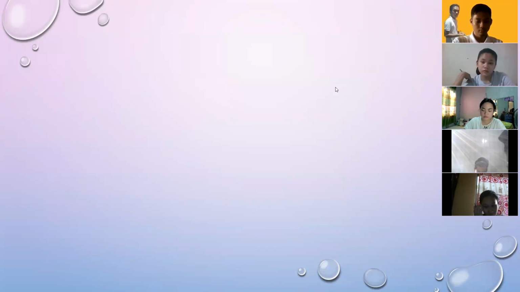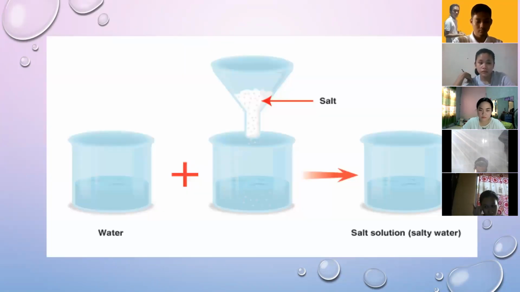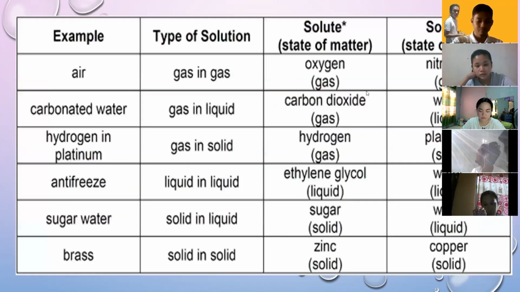Single phase na kasi na-dissolve na si sugar. So that is also true. When you dissolve salt in water, you will have a mixture called salt solution or a salty water. This is still a solution kasi meron kang uniform appearance.